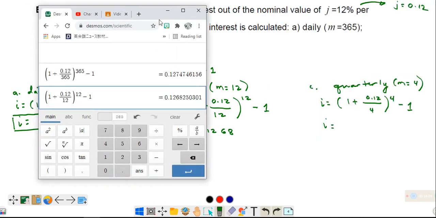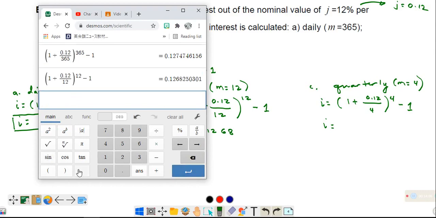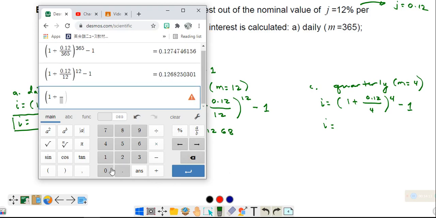So, insert tayo ng another line. We have open parenthesis, 1 plus, insert fraction. On the numerator, 0.12. On the denominator, we have 4. And close it. Raise it to the power of 4. And then subtract 1.